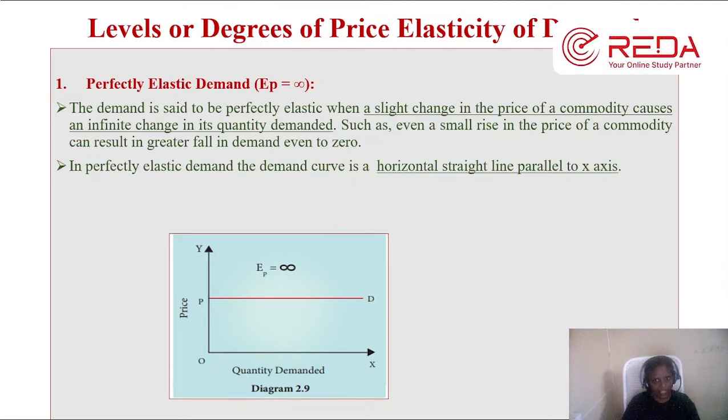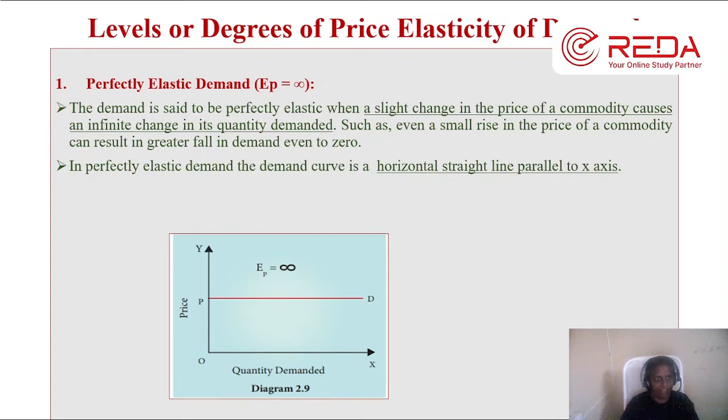Now we are going to see that not only one type happens. There are various situations. Whenever there is a change in the price level, there will be a different level of change in the quantity demanded of a commodity. Those different degrees we are going to see.